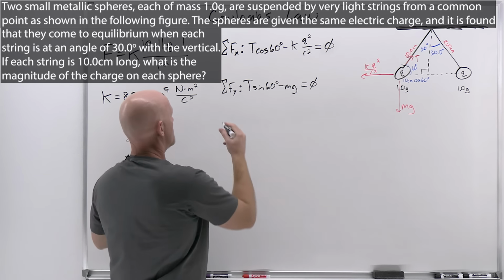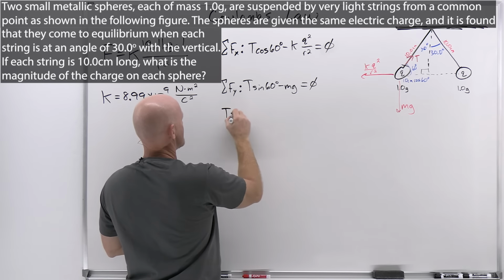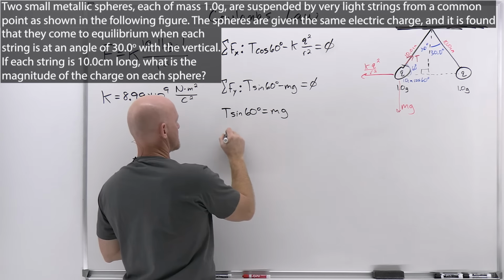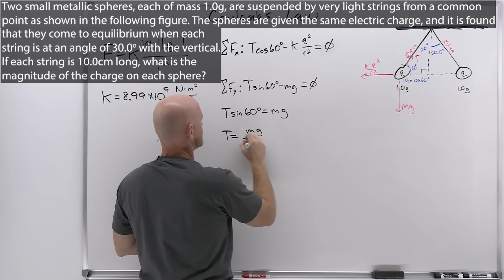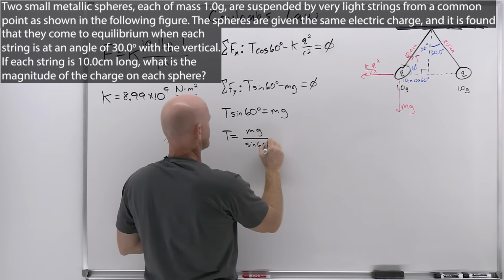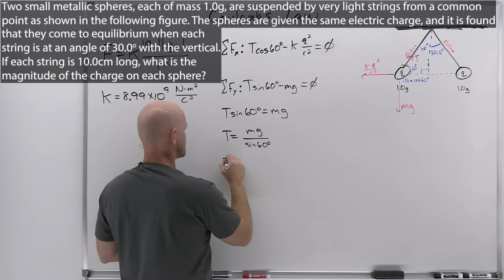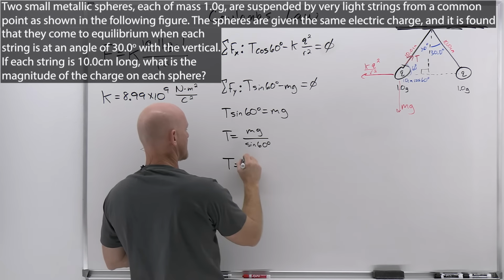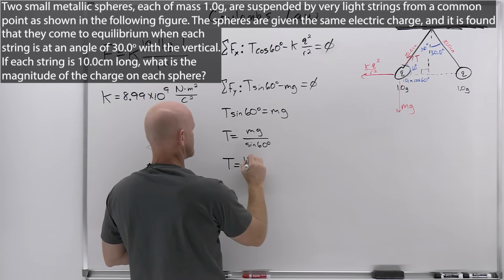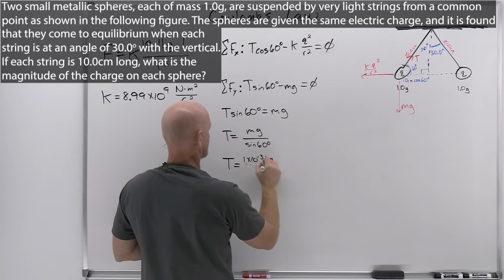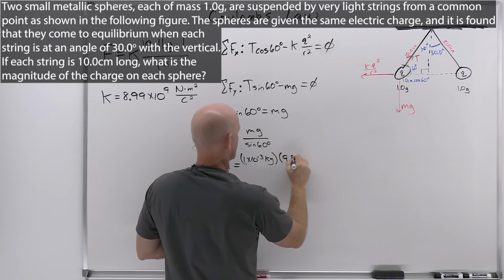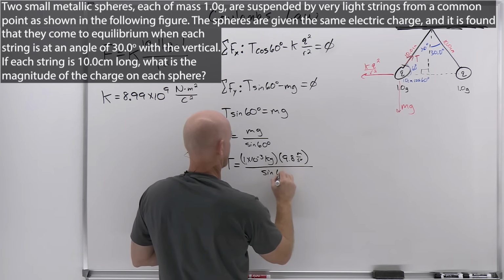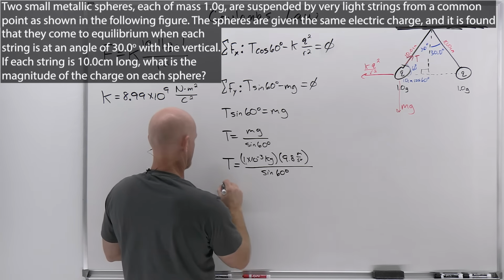So in this case, we'll have tension times sine of 60 degrees is going to equal mg, or tension is going to equal mg over the sine of 60 degrees. Now we can do some plugging and chugging here. So tension is going to equal our mass, which again was 1 gram, but this has got to be in kilograms. So that's 1 times 10 to the negative 3 kilograms times 9.8 meters per second squared, all over the sine of 60 degrees.